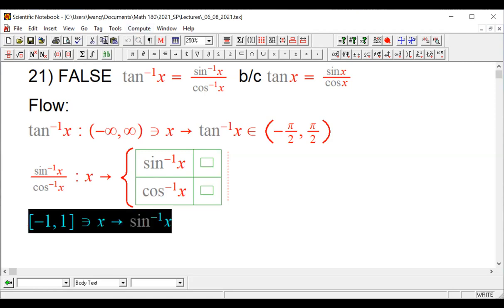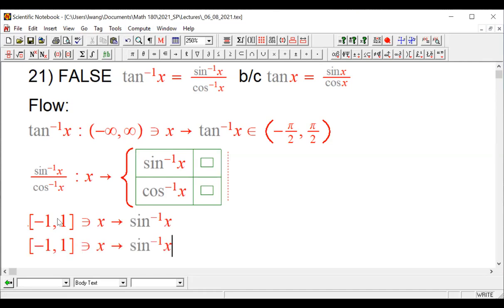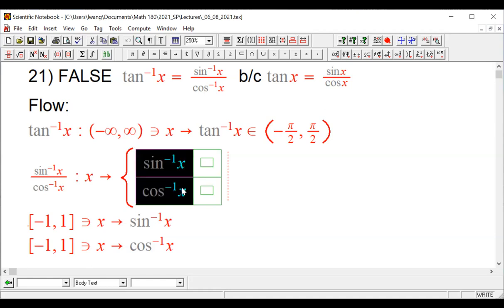For cosine inverse, it is the same thing: the x you use has to be between -1 and 1, while the x you use for tangent can be any real number.